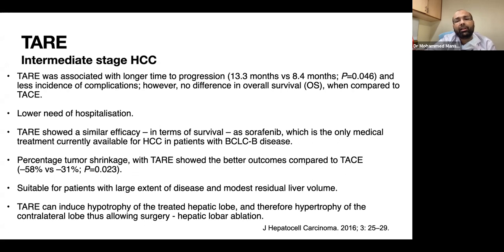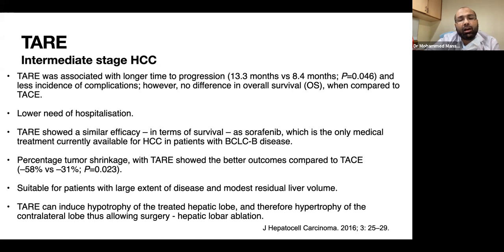TARE showed a similar efficacy in terms of survival as sorafenib, which is the only medical treatment available for HCC in patients with intermediate stage disease. The percentage tumor shrinkage with TARE showed that there is better outcome compared to TACE. And it's more suitable for patients with large extent of disease and modest residual liver volume.